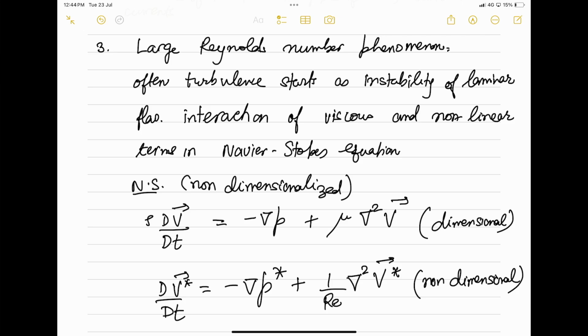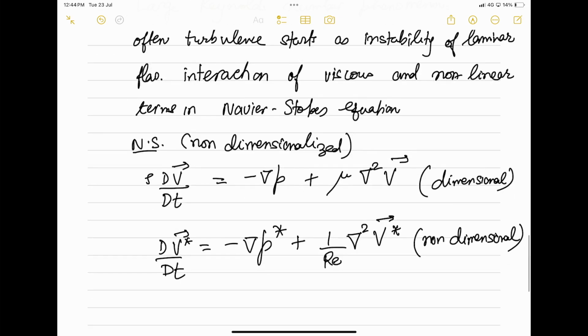So a cursory look at this equation tends to make us believe that since there is a 1 over Re in front of the viscous term, and it's a large Reynolds number phenomena, the effect of viscosity should be very little and it should be maybe zero.